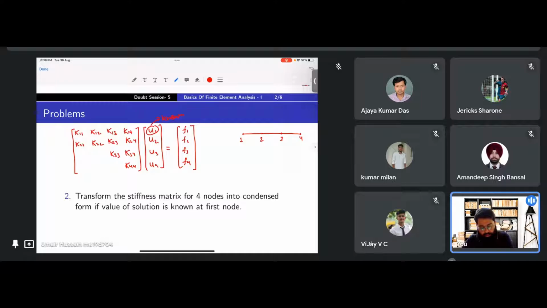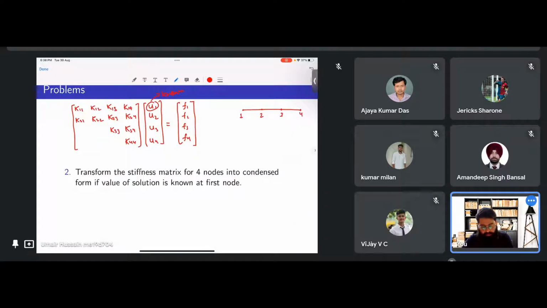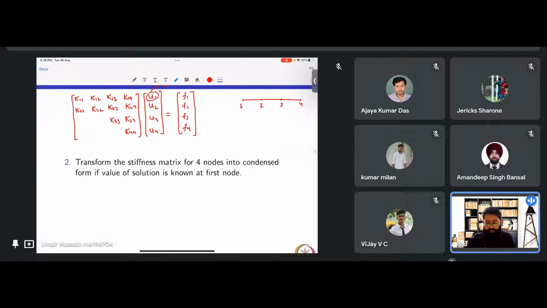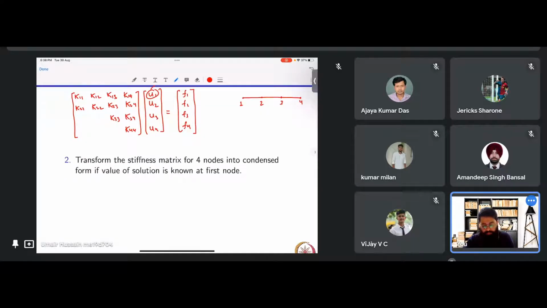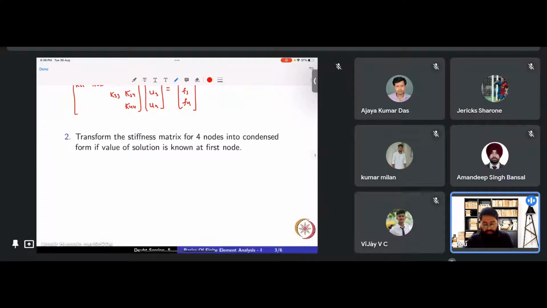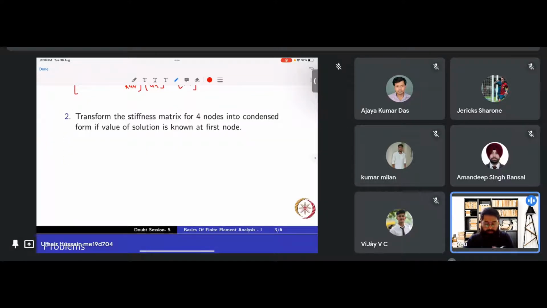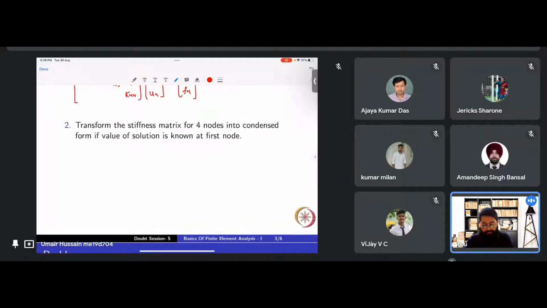How do we transform this system of matrices and vectors to finally get into some form which we can solve, to separate out the variables and unknowns?